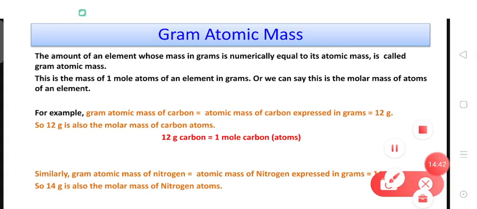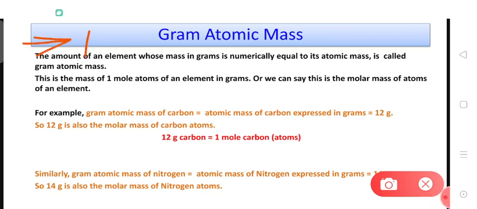Dear students, first of all we will read this definition, then I will discuss. The amount of an element whose mass in grams is numerically equal to the atomic mass is called gram atomic mass.